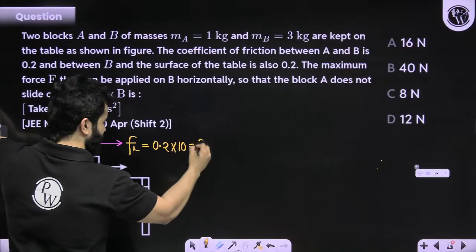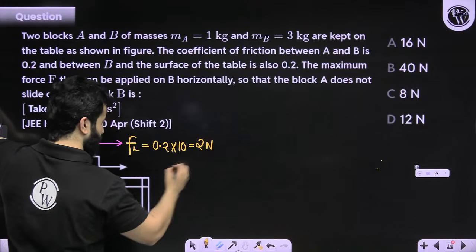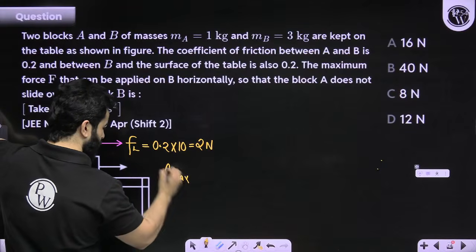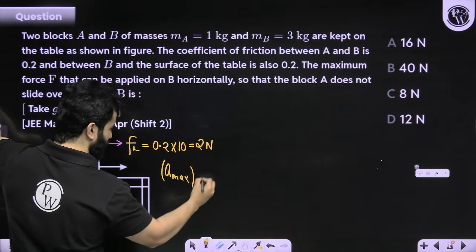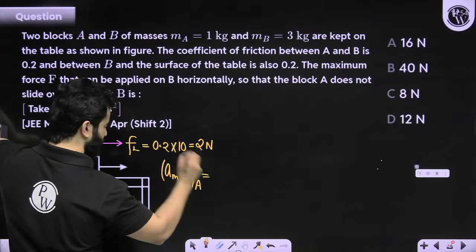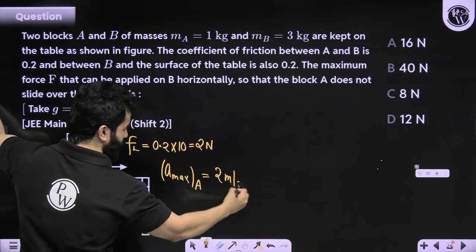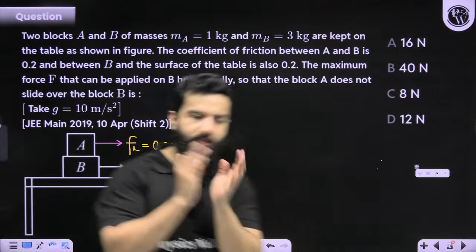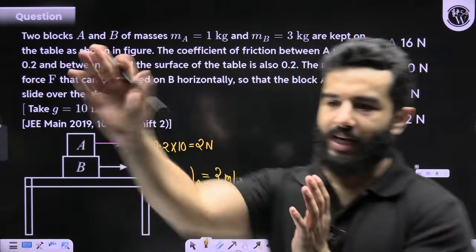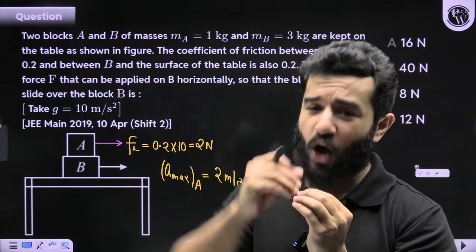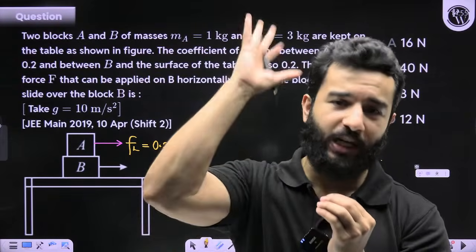So maximum force can be 2 Newton, which means the maximum acceleration of block A can be 2 divided by 1, that means 2 meter per second square. Please understand, this means that the maximum acceleration with which block A can move is 2 meter per second square.